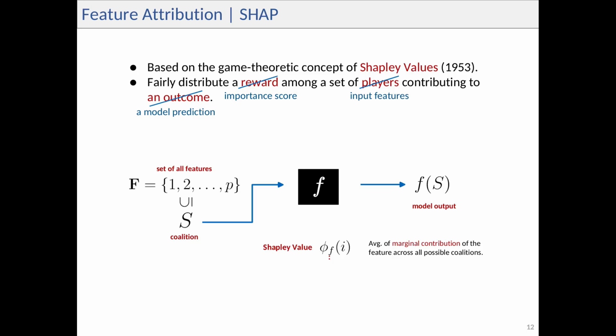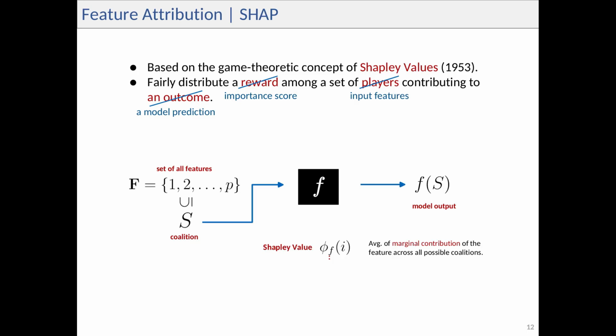And SHAP is based on a game theory concept, Shapley values, and these are almost 70, actually exactly 70 years old, and they were initially defined to fairly distribute a reward among a set of players that are contributing to a certain outcome.